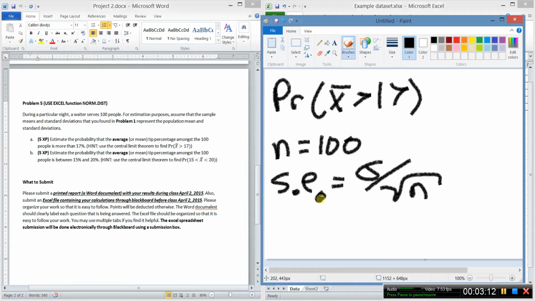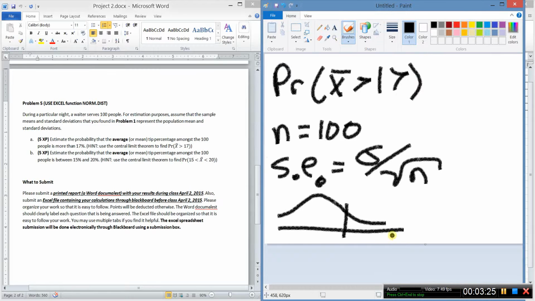We're also going to need to draw this out. We're trying to find the probability that we're greater than 17. If this is 17 here, we're trying to find this area over here. If we're using Excel to do this, we're going to use the CDF, the cumulative distribution function, which doesn't find the area to the right, but the area to the left.